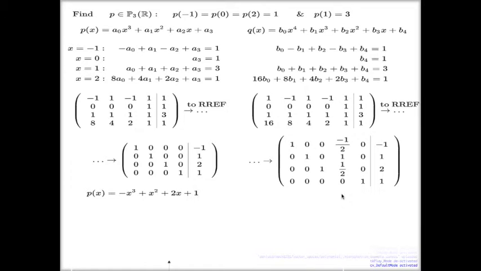So in principle, we need to parameterize. In fact, we will have plenty of polynomials like Q, which meet these requirements. I will describe all of them with the help of a parameter, of course. And the parameter will be introduced for the non-leading column, which corresponds to the B3 coefficient.